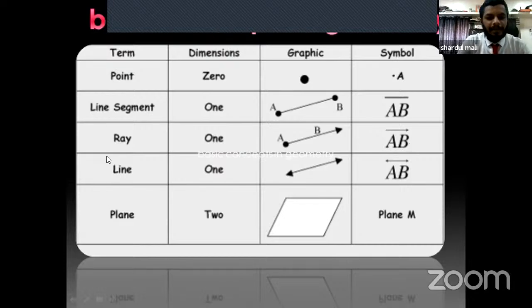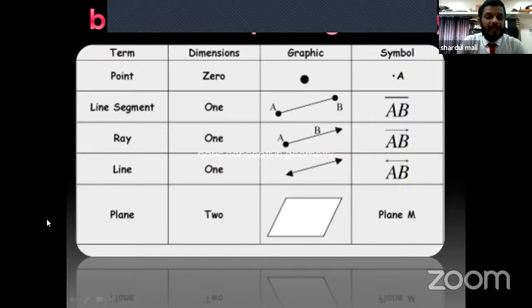Next concept is line. A line is also a single dimensional diagram. A line has arrowheads at both sides. It means that the line expands to both sides. And we can read this as line AB or line A. And the last concept is a plane.